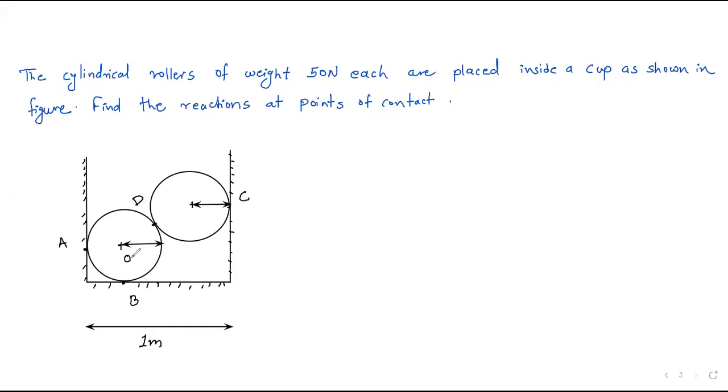This is 0.3 meter, and this is also 0.3 meter. Okay. So these things are given to us, and now we need to find out the reactions at the contact points. Okay. So how do we start the numerical?